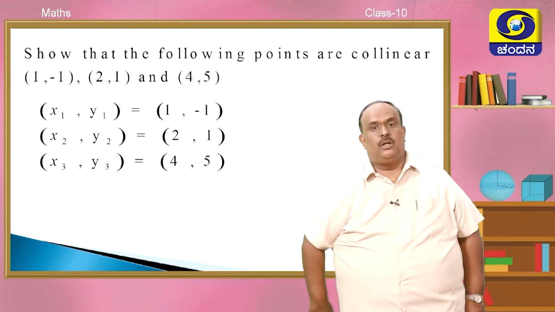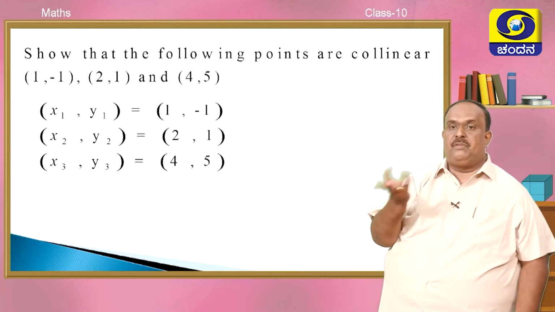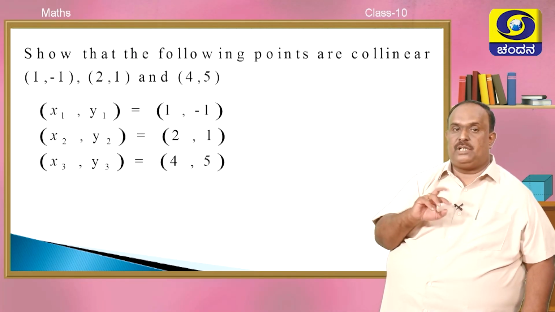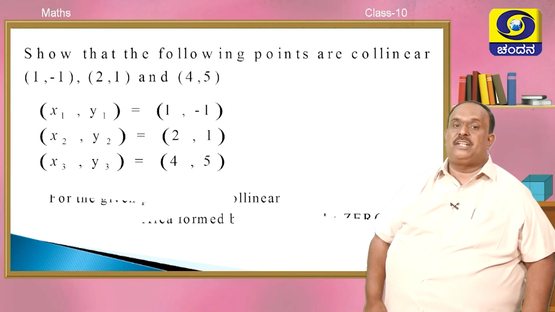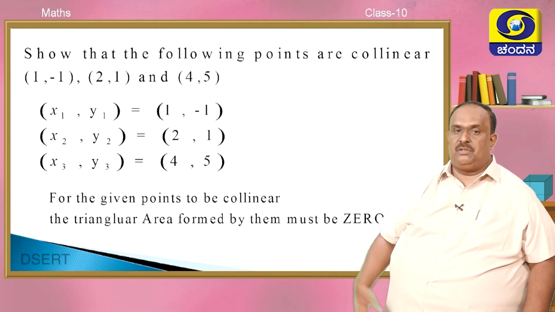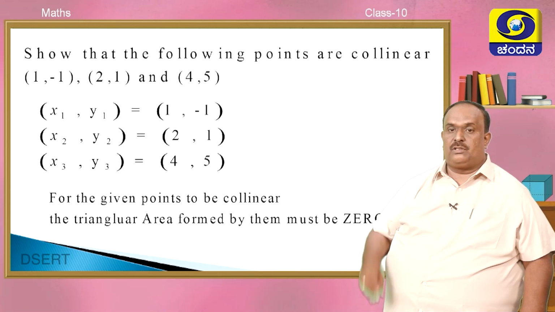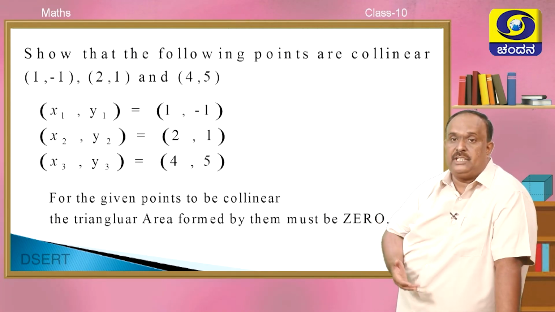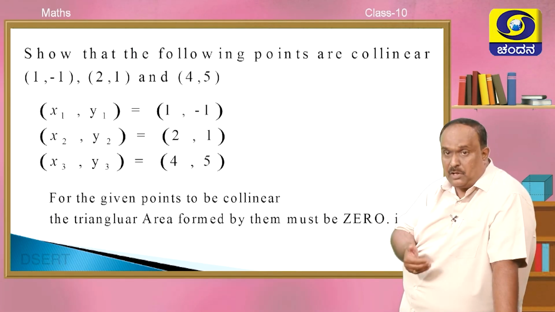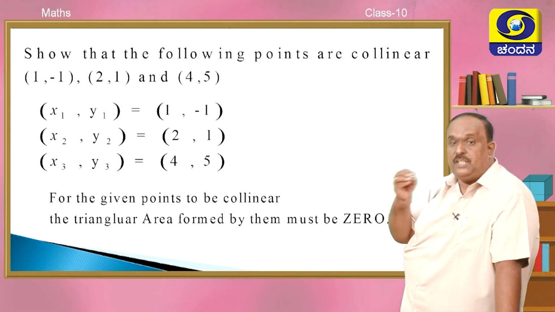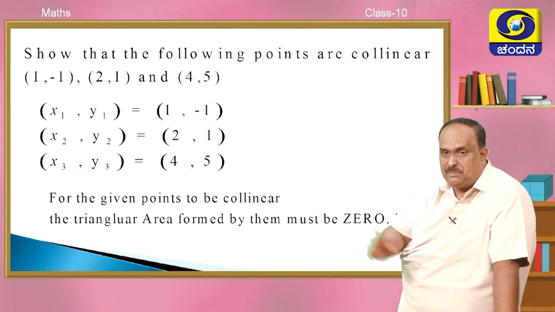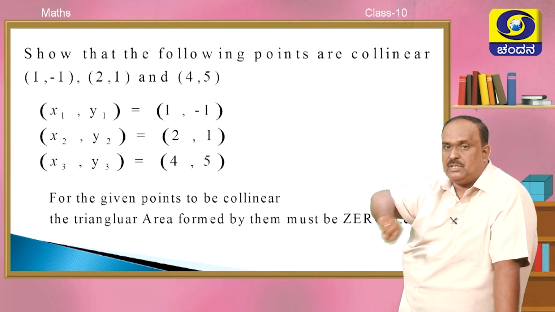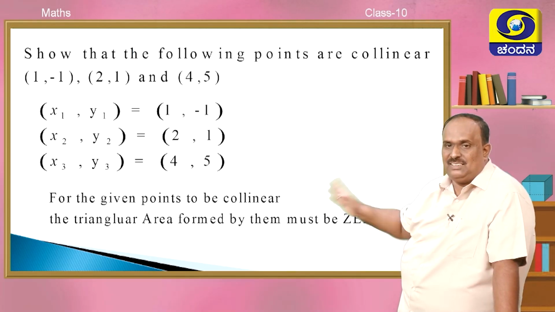Write the data. x1, y1 equal to 1 comma minus 1, x2, y2 equal to 2 comma 1, and x3, y3 equal to 4 comma 5. For these given points to be collinear, the condition is that the triangular area formed by these points must be 0. Given.